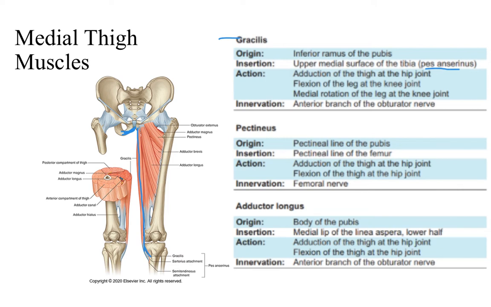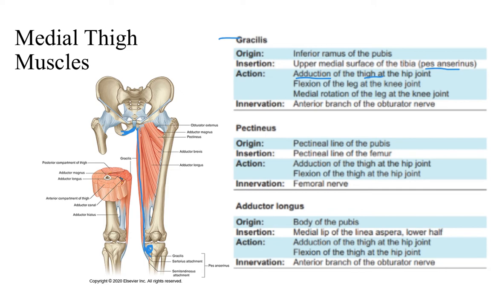So it is going to be involved in adduction. Of course, anything medial is going to adduct the thigh at the hip joint. It can do some flexion of the thigh at the hip joint and some medial rotation of the knee, and that has more to do with where it is located on the insertion point of the knee.